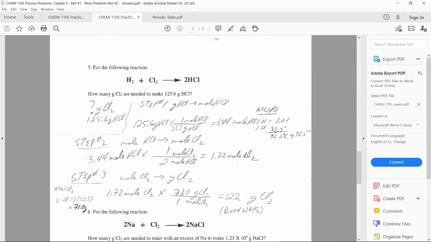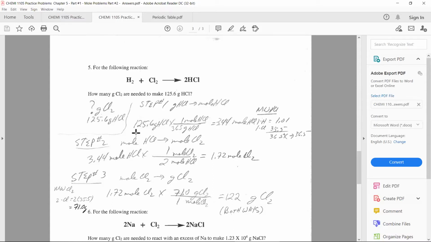Chlorine to 3 significant figures, 35.5. Don't put down 35.45. Round it off before you add. Add it up. 2 significant figures past the decimal, round this off to 1 past the decimal. The molecular weight of HCl is 36.5. 1 mole of compound, molecular weight, grams of HCl divided by grams of HCl cancel out.